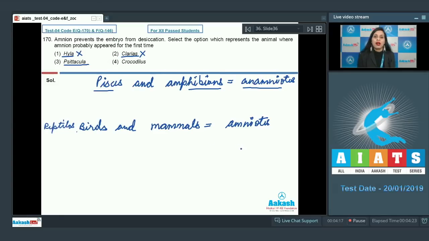Extraembryonic membrane, amnion, is present in these organisms, and we know that reptiles evolved prior to birds. So the amnion probably appeared for the first time in reptiles, and among the given options, Crocodylus is a reptile, and it is a correct answer to our question. Crocodylus, which is commonly known as crocodile, is a reptile, and Psittacula is a bird, and this is an incorrect option. So the correct answer to this question is option number 4. Let's discuss our next question.